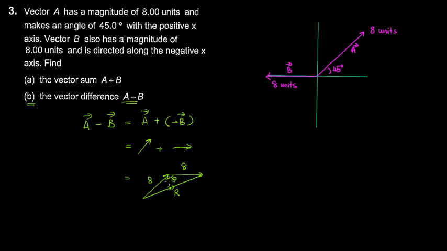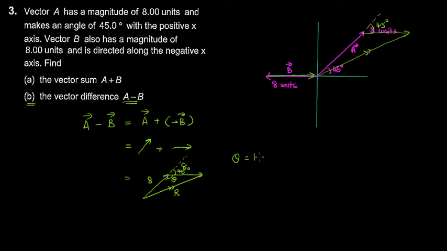We know that this angle is 45 degrees, right? This vector is reversed and brought over here, and we draw this as the resultant. So this is 45, so this also will be 45 degrees.